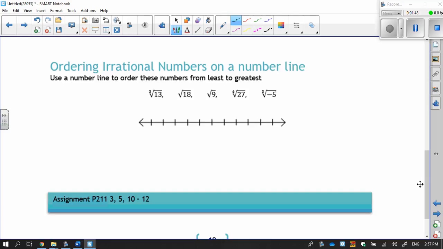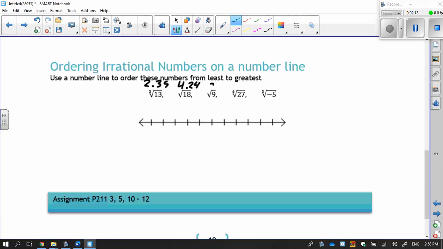We need to be able to order rational numbers and irrational numbers on the number line. So I have a number line for you. The first thing that I would suggest to do is to convert these all into one easy format to look at, so probably decimal form. So I know that this is 2.35. The square root of 18 is 4.24.